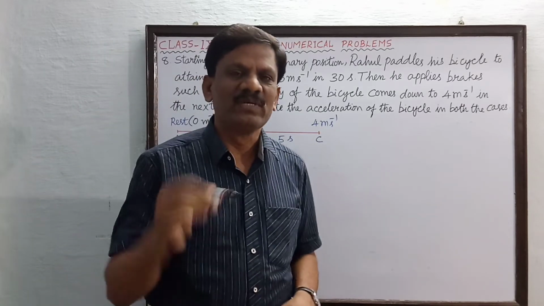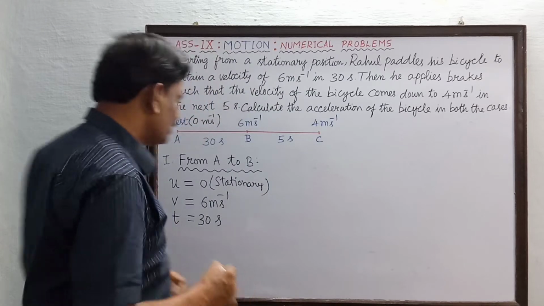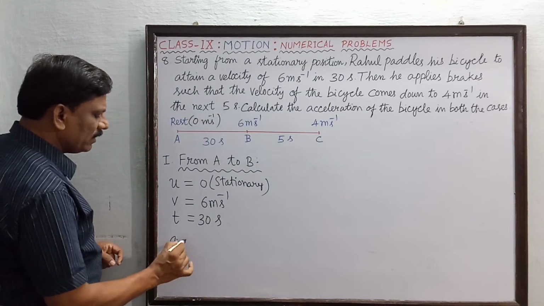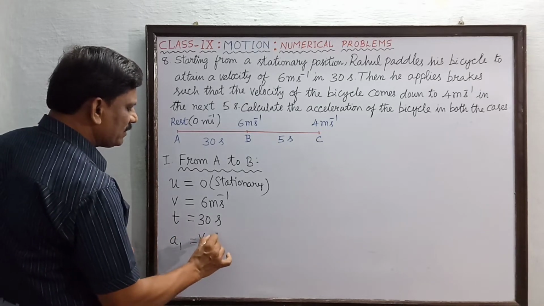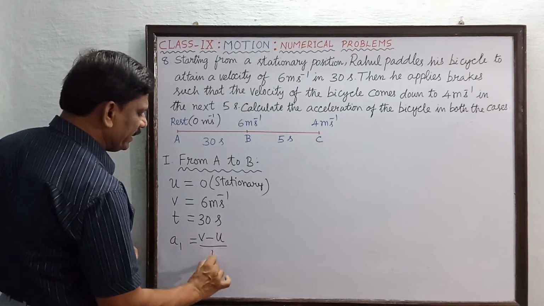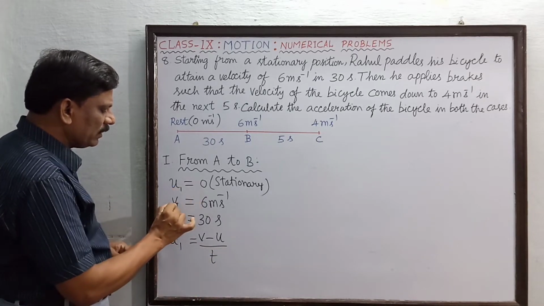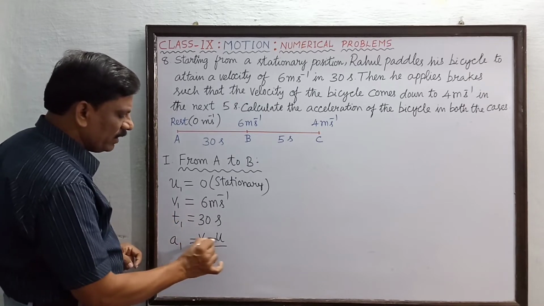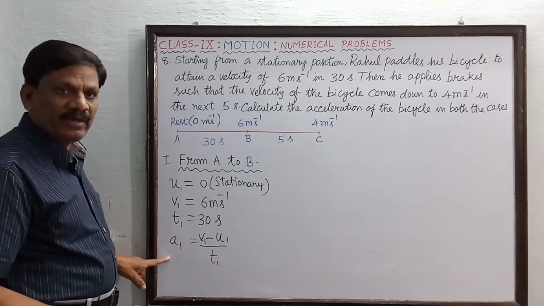Okay, so in this case let us take the acceleration as a1. The acceleration a1 is equal to v minus u divided by t. If you want, you can call this u1, this v1 and this t1. So (v1 minus u1) by t1 is equal to a1.